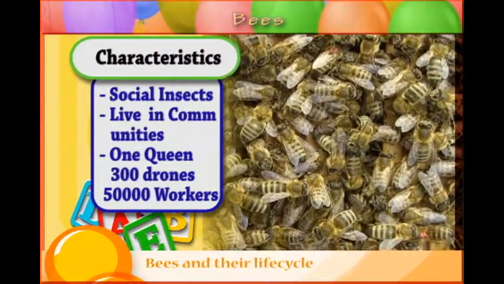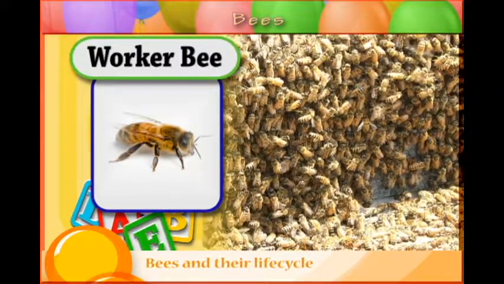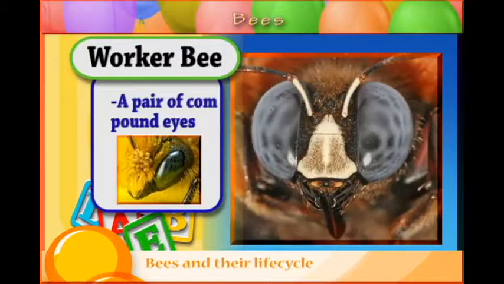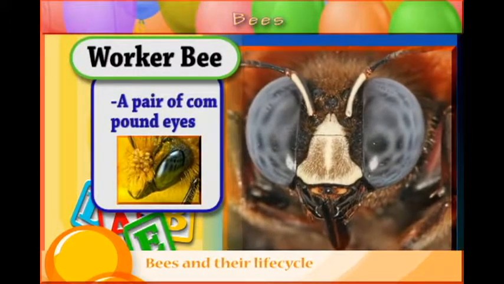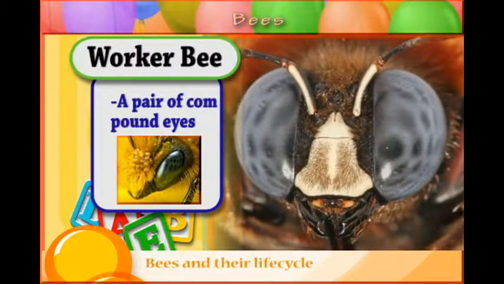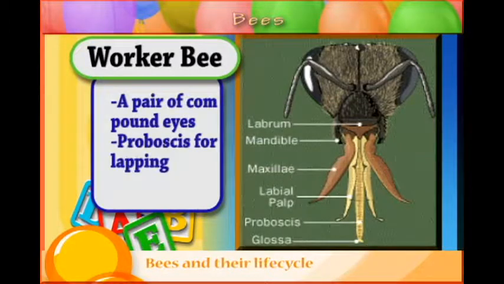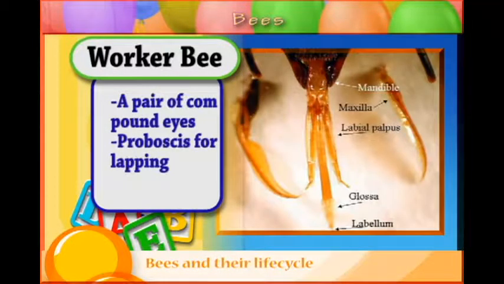Now, we want to look at the characteristics of the worker bee and the honey bee. They have a pair of large compound eyes. When you look at their body structure, you will be able to observe the large pair of compound eyes. They have a mouth part, a proboscis, that has been modified for lapping.